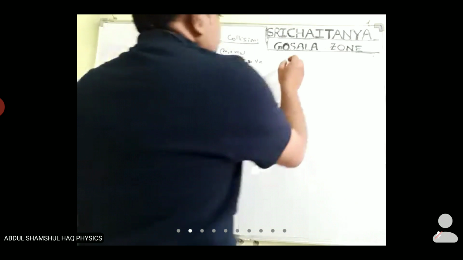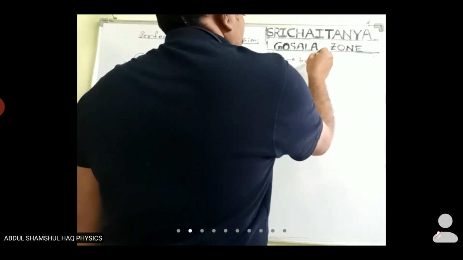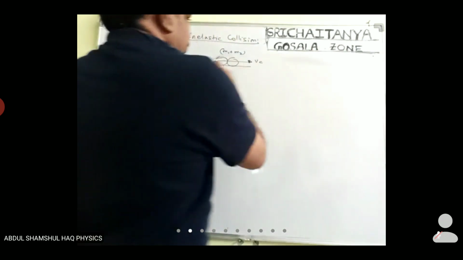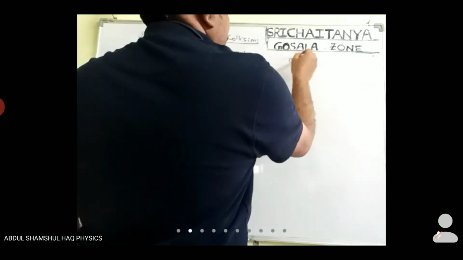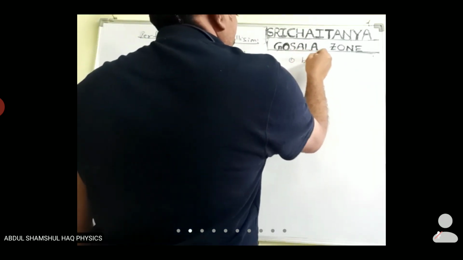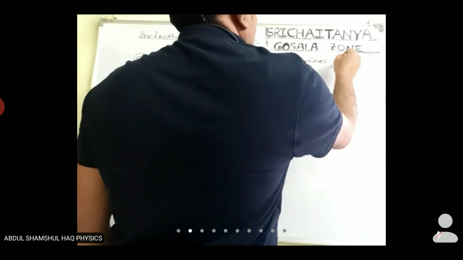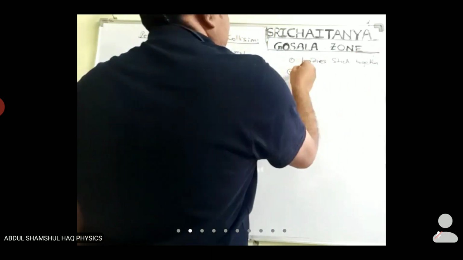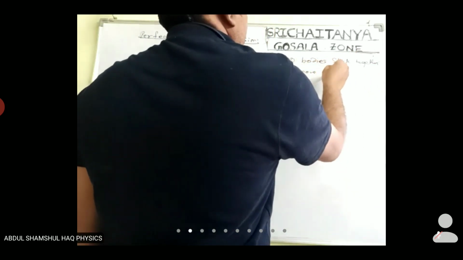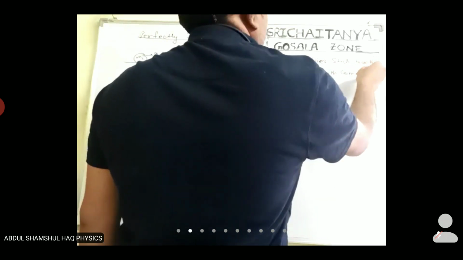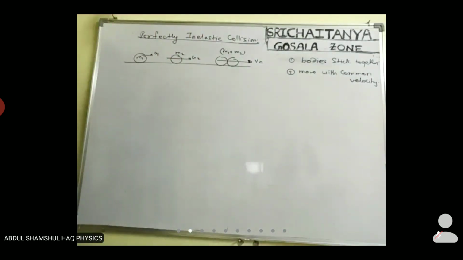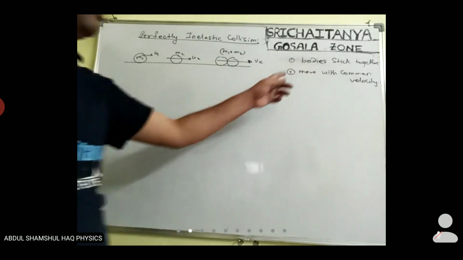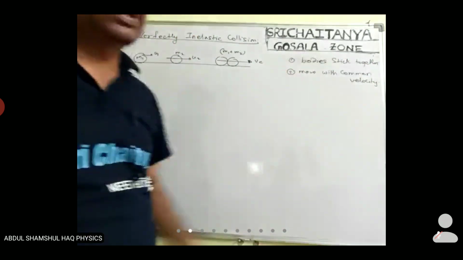So here in perfectly inelastic collision, both the bodies stick together and move with the common velocity.